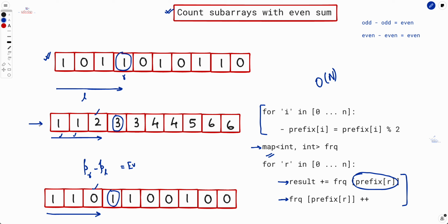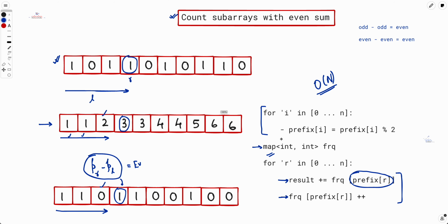We know prefix of r, and we want prefix of r minus prefix of l to be even because that's the sum, right? If prefix of r is odd, we want prefix of l to be odd. If it is even, we want prefix of l to be even. That's where we converted everything to 0 and 1, where 0 denotes even, 1 denotes odd. Now, if prefix of r is 1, we need to count the number of ones in the prefix. If prefix of r is 0, we need to count the number of zeros in the prefix. For that we have this pseudocode, and the entire algorithm would run in order n, right?